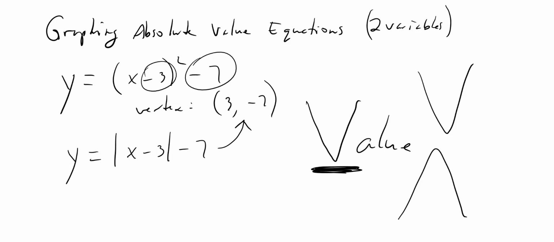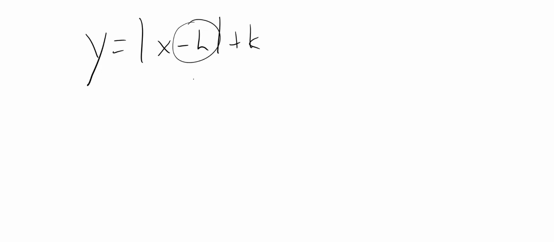All right, so the standard form for this, and again, you don't necessarily need to memorize that, is y is equal to absolute value of x minus h plus k. So this is the opposite.